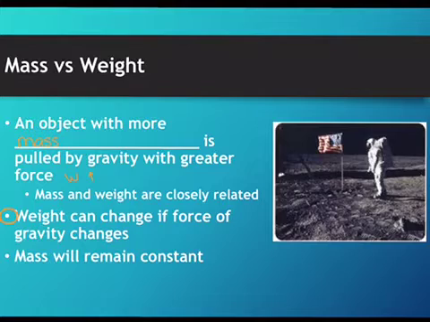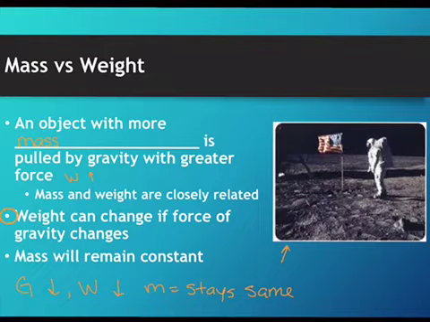And so if you were to go to the moon, gravity is lower than Earth's, and so therefore your weight would decrease. So if gravity goes down, then your weight goes down, but your mass stays the same because the amount of matter you have didn't change.